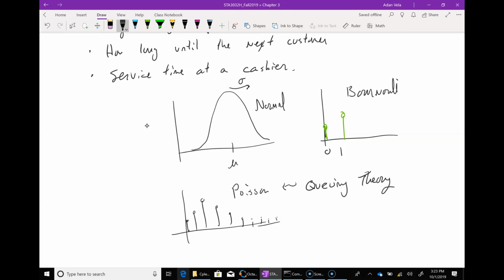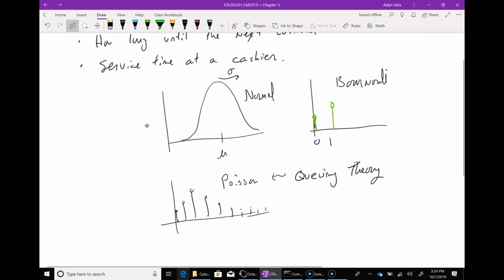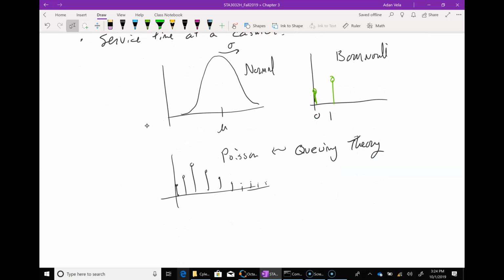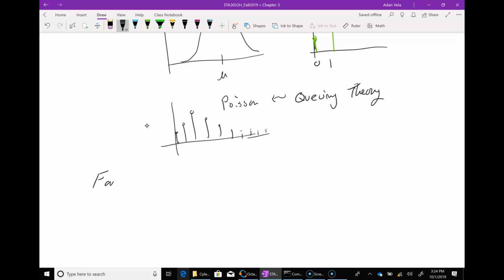Okay, but the main premise is we have all these descriptions of random variables, and we can model them using standard specific equations, okay? Now, we're going to start by learning about families of distributions for a few specific discrete random variables.